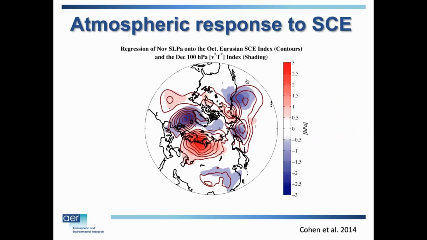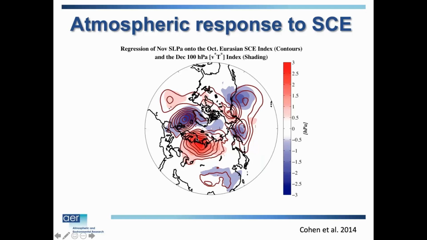I'll skip the slide. I do want to focus on this because, again, we're getting into the whole stratosphere and prediction of what might happen. This is a figure of mine that came out in a paper in 2014, so it's a little bit complicated, but I think it's a really important figure and pretty striking. It regresses the October Eurasian snow cover extent index onto sea level pressure, and that's the contours.